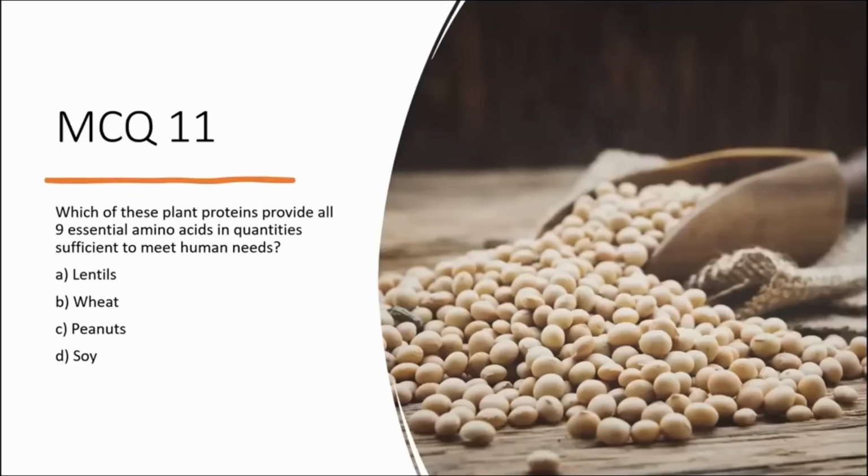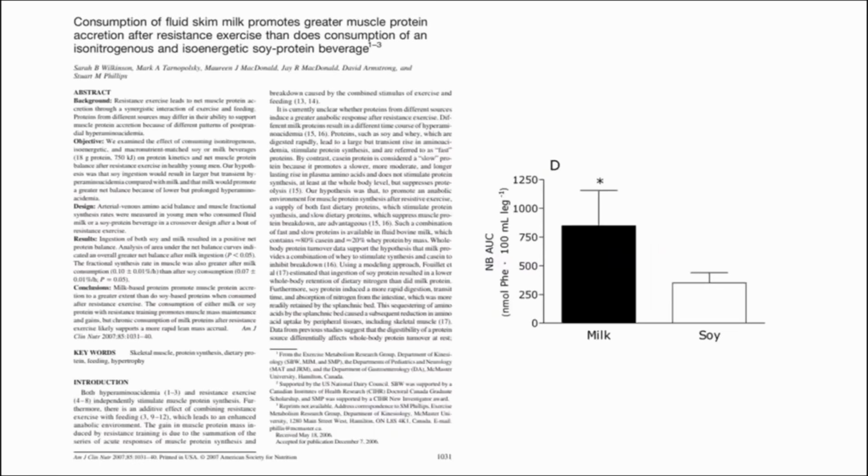Lentils are low in methionine, wheat is low in lysine, and peanuts are deficient in both. So soy protein is widely considered to be the most complete source of plant-based protein, although methionine is still a limiting amino acid. This study, for example, found that skim milk resulted in a 43% higher muscle protein synthesis rate than soy milk.